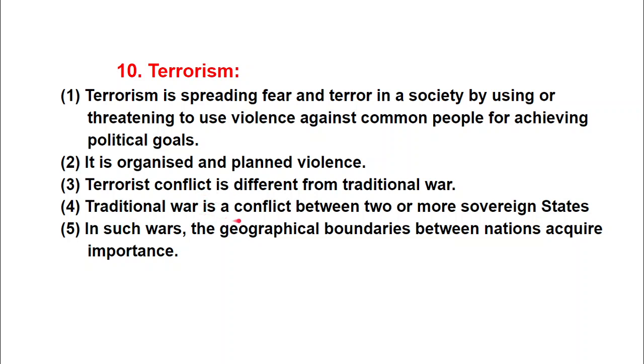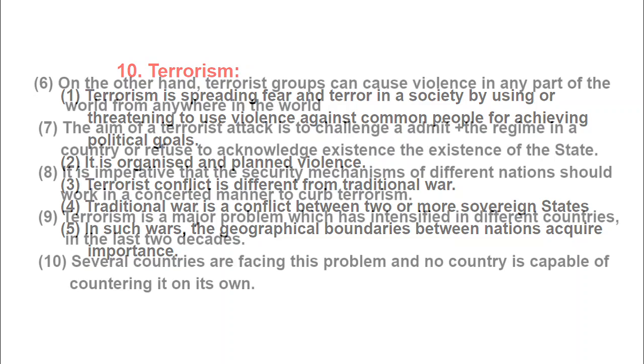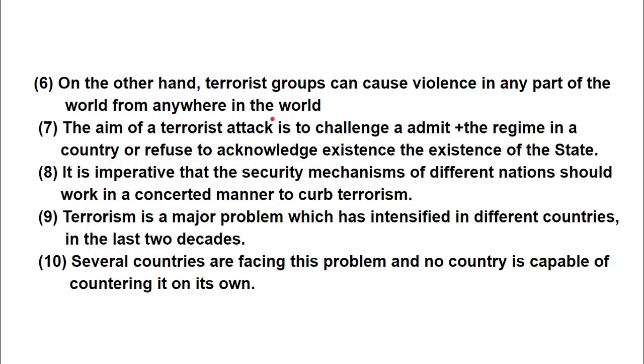Traditional war is a conflict between two or more sovereign states. In such wars, the geographical boundaries between nations acquire importance. On the other hand, terrorist groups can cause violence in any part of the world, from anywhere in the world.